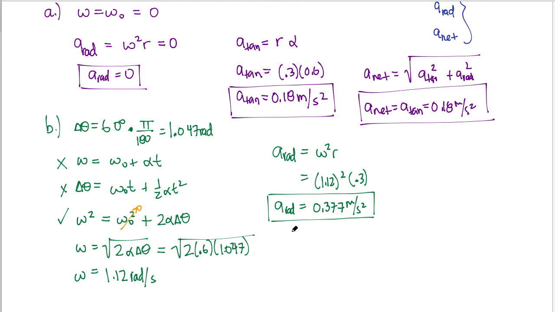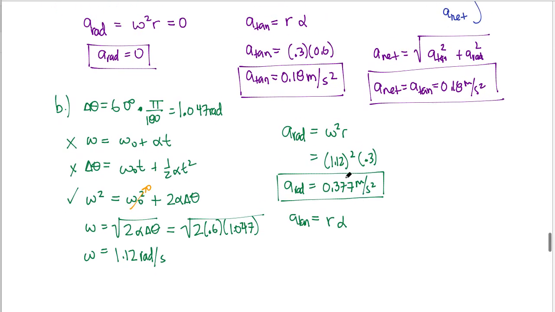Now our tangential acceleration has not actually changed, and the reason I know that is because the radius has not changed and the angular acceleration has not changed. So my tangential acceleration is the same as it was initially. So this is 0.18 meters per second squared. Now, however, we need to find a new net acceleration.